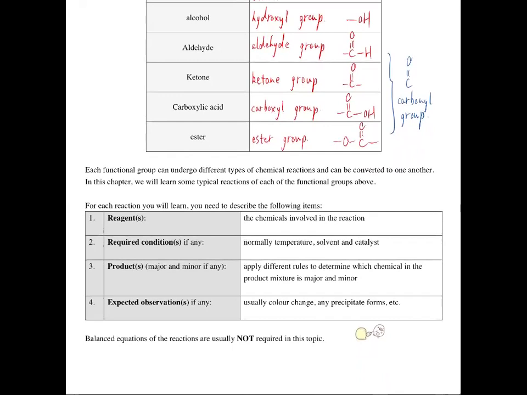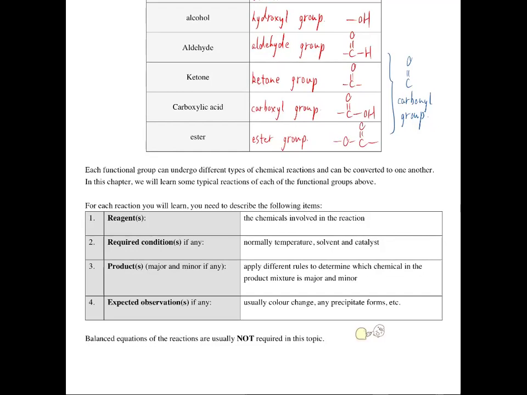For example, does it need a catalyst, or can it take place at room temperature? What kind of solvent is involved? Is it an organic solvent or just water as aqueous solution to start the reaction? And third, you need to consider the product that is formed.